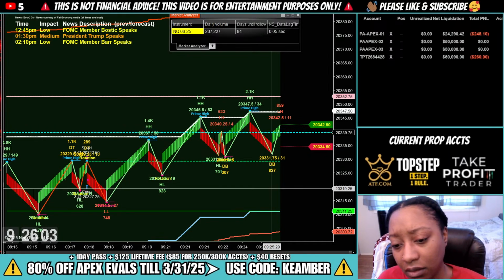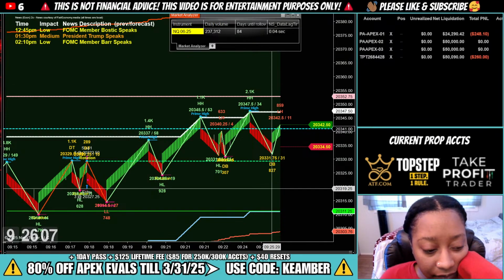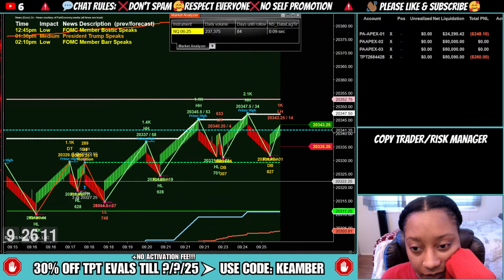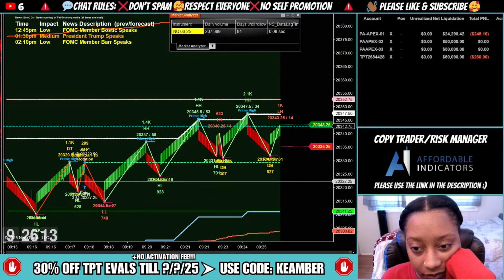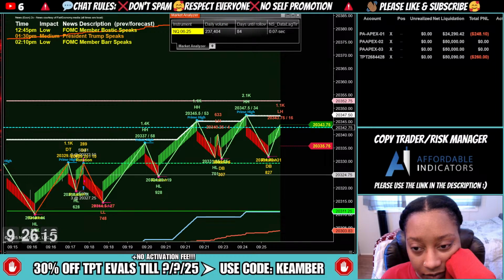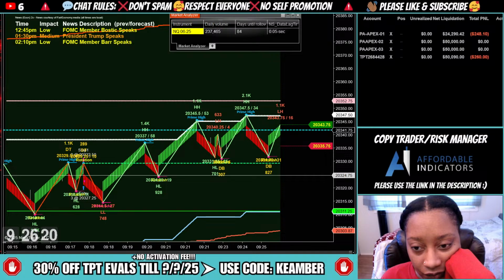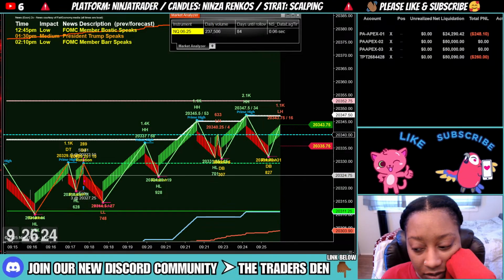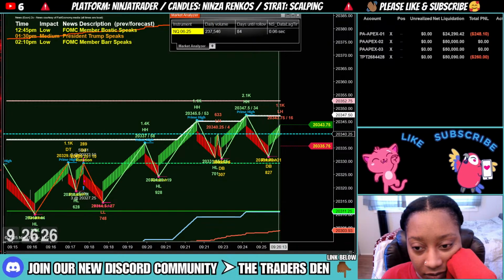I'm gonna have to max contracts tomorrow on this TPT account. Oh wait, is there a loss limit? No, there's not. Just max contracts from the beginning and see what happens from there.